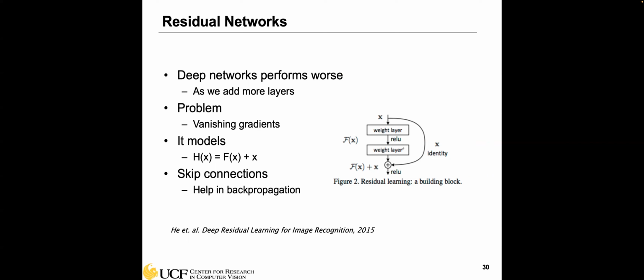This helps in the backpropagation. That's why the ResNet is able to stack over 100 layers. Before, like VGG 19, they were not able to go very deep. But the ResNet is able to build very deep networks.